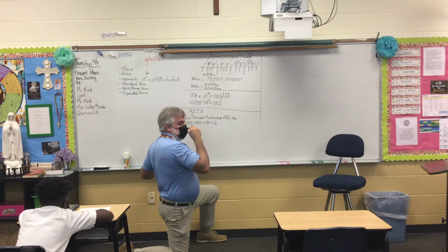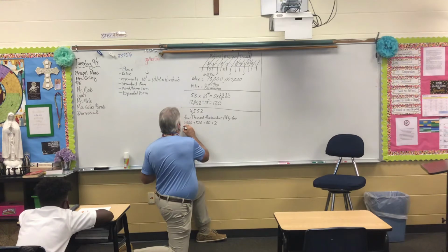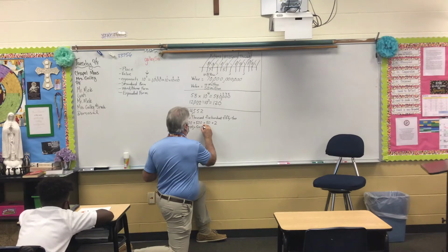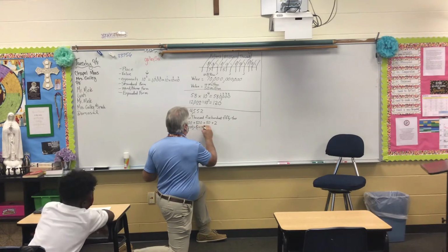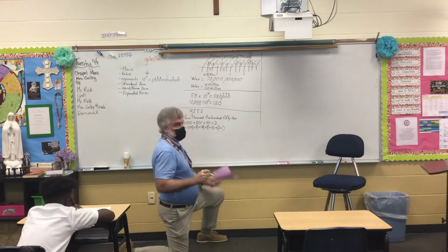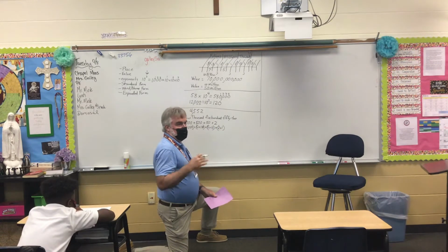Another way that they do it is 4 times 1,000 plus 5 times 100 plus 5 times 10 plus 2 times 1. You notice they're all in parentheses. Either way, I'm gonna accept it, okay?